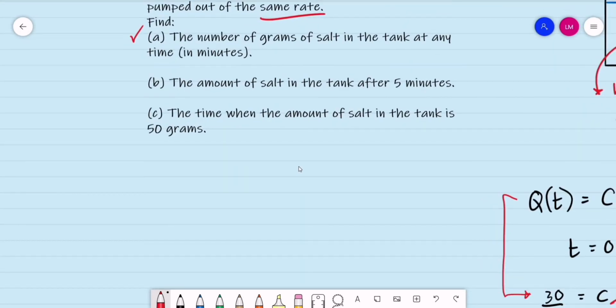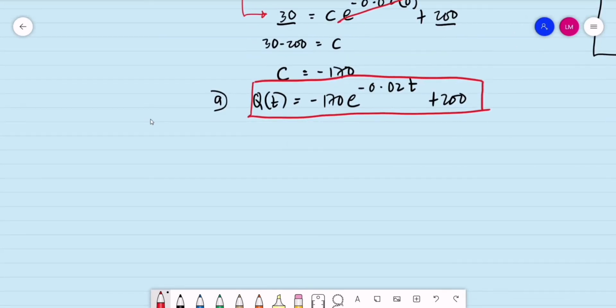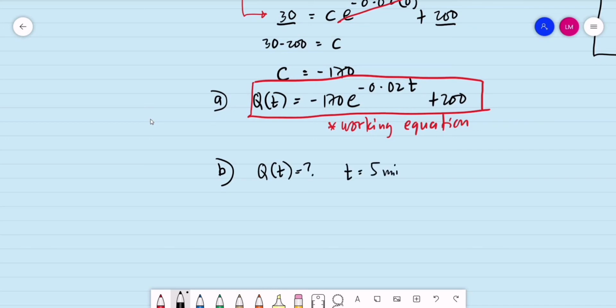Then letter B, the amount of salt in the tank after 5 minutes. So all we have to do is substitute that value in our working equation. For letter B, we are looking for the amount of salt at a given time equal to 5 minutes.